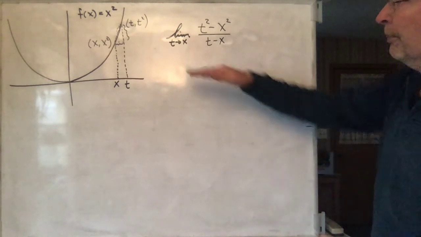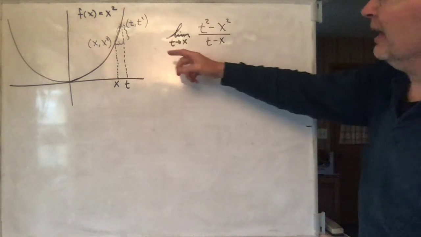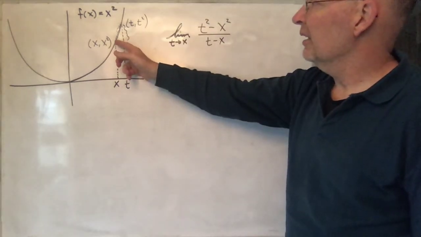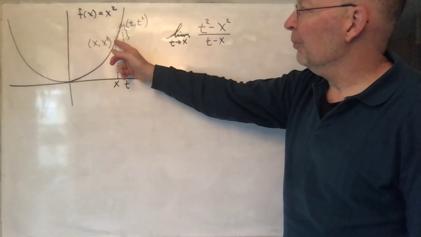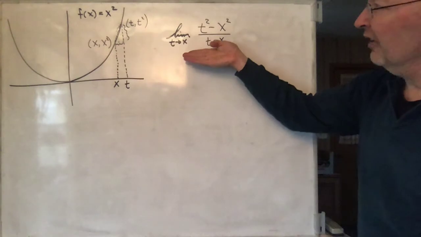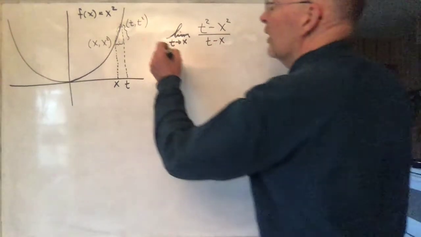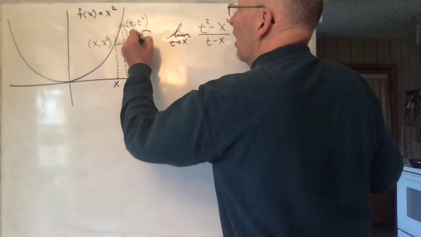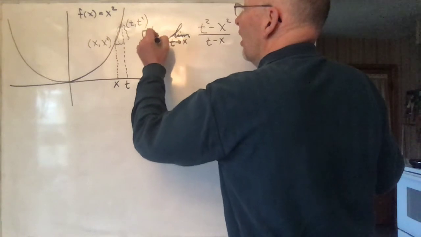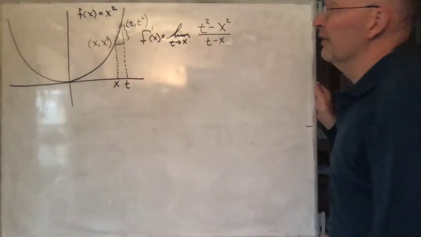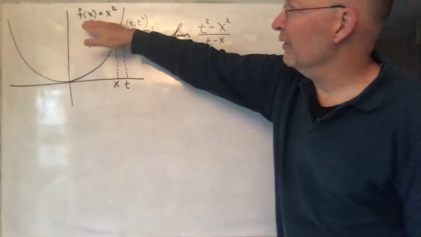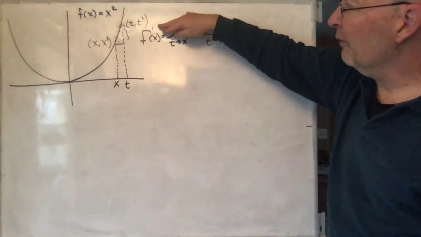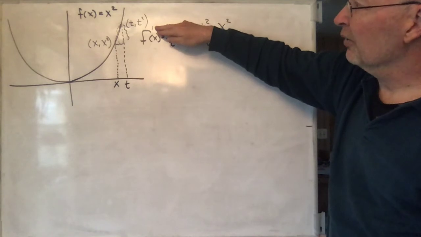This is such an important notion, this idea of being able to find the slope at this point, that we give this thing its own name. We call it the derivative of f at x. We put f down, f is our function, and here we have f with a little dash mark or slash mark there.